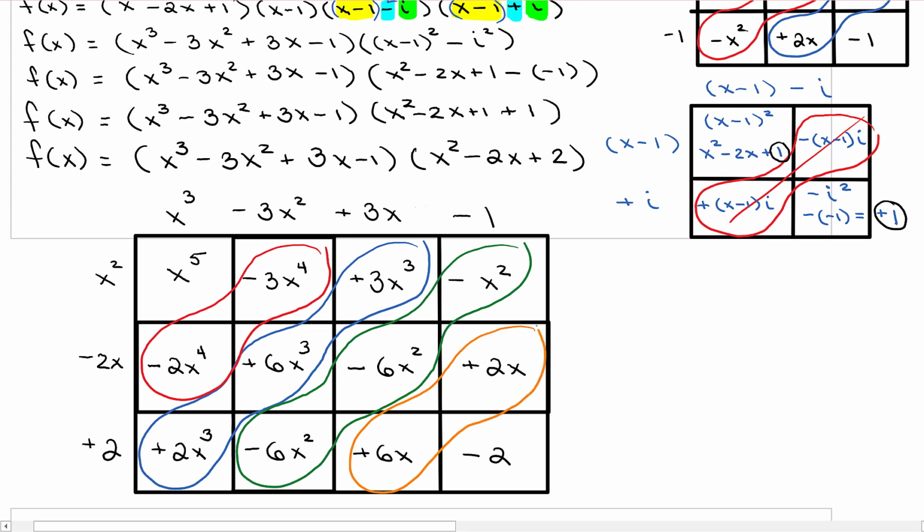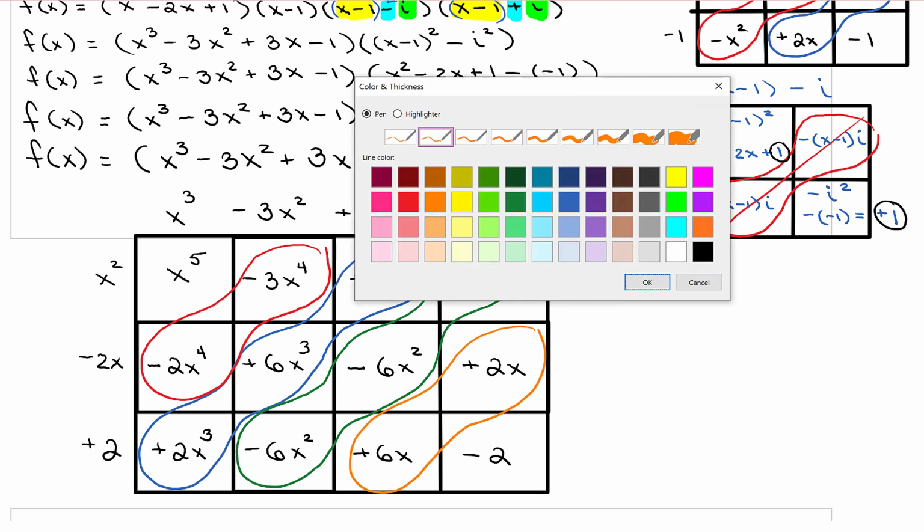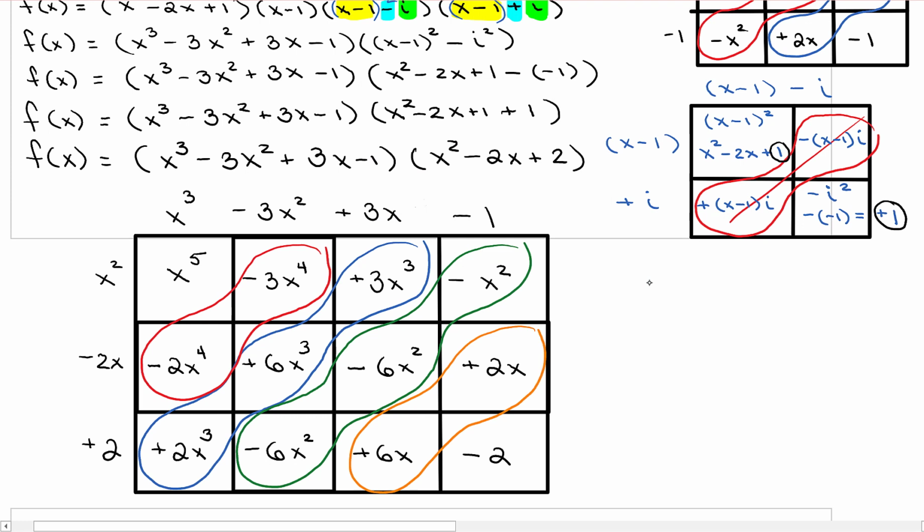All right, so now let's write down our final function. This is what we were looking for, right? We were looking for this function.